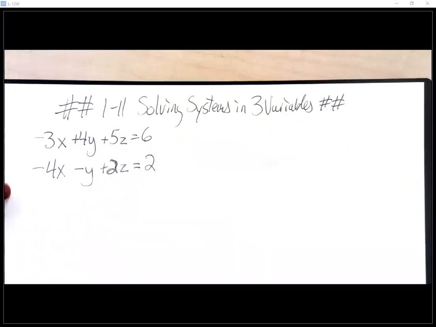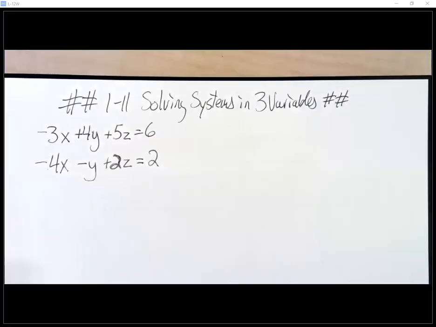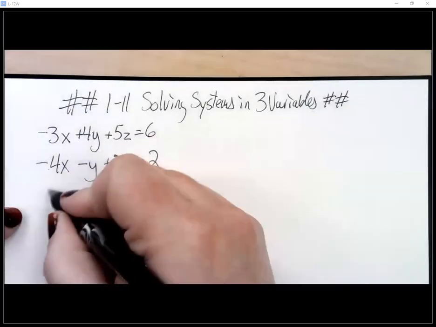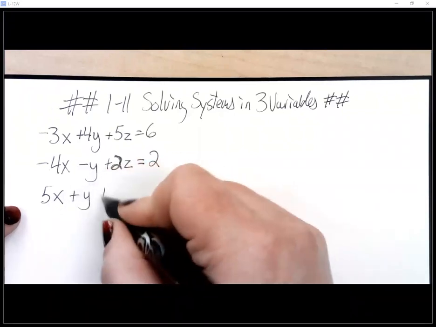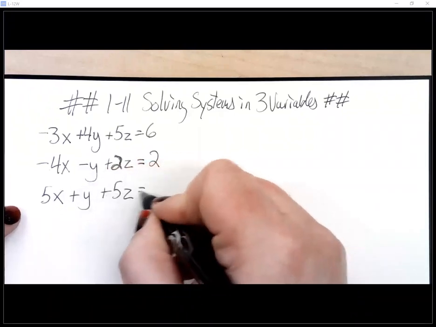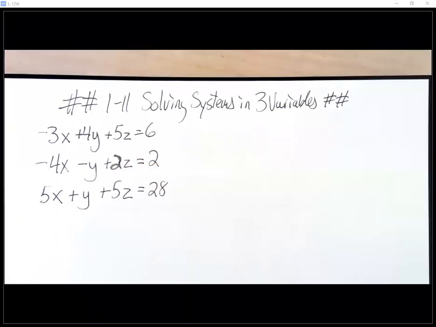And then the last one, 5x plus y plus 5z equals 28. All right, take a moment, get those 3 copied down. It's going to take me a little bit of time to walk through the first example, but once we do one, then they're really not bad. They're just a little annoying.